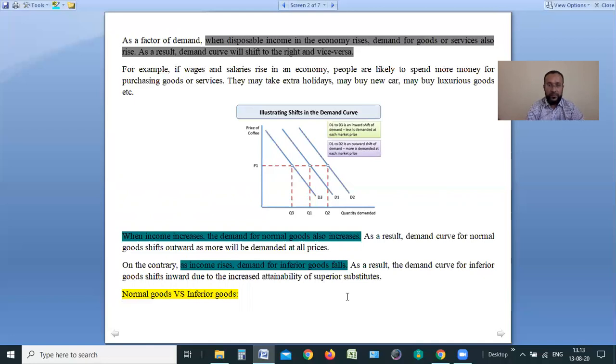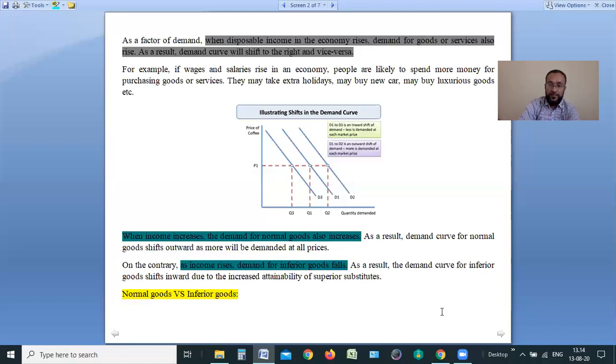Normal goods are those goods where, when income increases, demand also increases. As a result, the demand curve for normal goods shifts outward, as more will be demanded at all prices. On the other hand, as income rises, demand for inferior goods will fall. As a result, the demand curve for inferior goods shifts inward due to the increased attainability of superior substitutes.